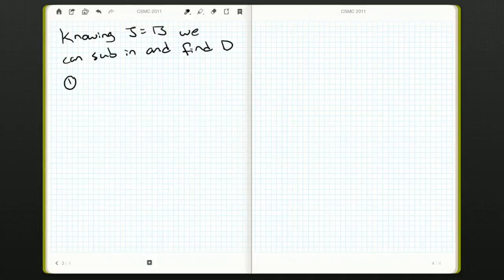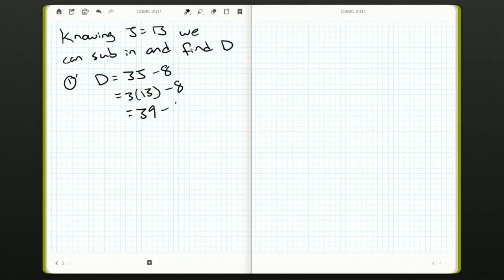So let's just do 1 prime. D was 3J minus 8. So 3 times 13 minus 8. Well, that's 39 minus 8. 31.